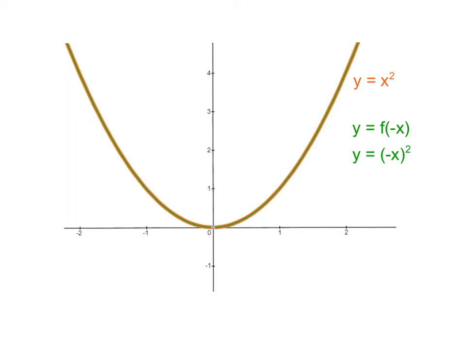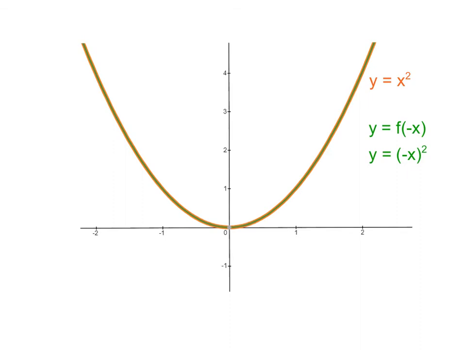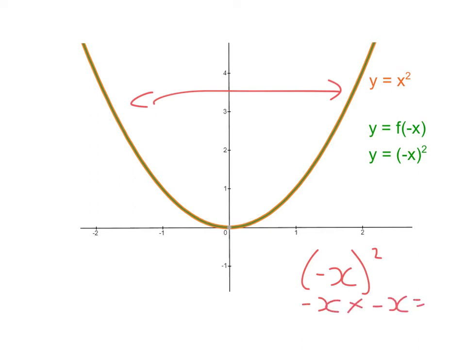Remember what we said, that means it just flips left and right. Now if this is already a symmetrical shape, flipping left to right makes it still look the exact same. Also, if you work out what negative x squared is, that's negative x times negative x, which is just positive x squared. So they look the exact same, and it's just to do with the symmetry of it.